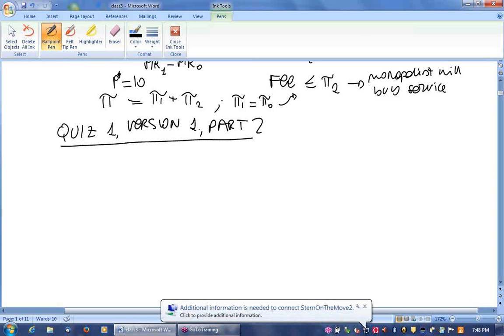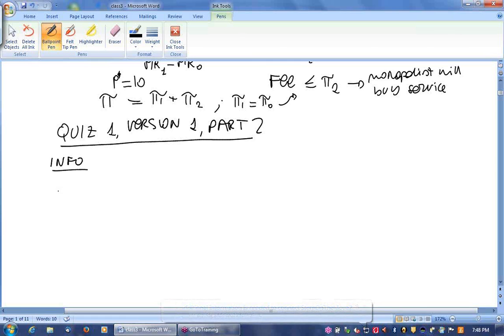Okay, so here what information do we have? We have that if we increase the production facility by 10%, then the output is going to increase by 8%.